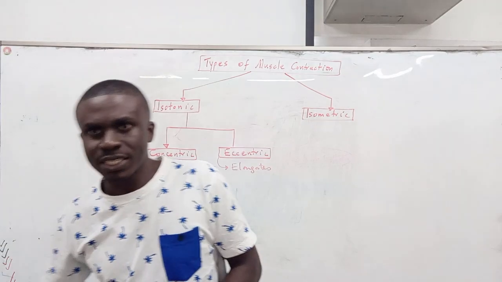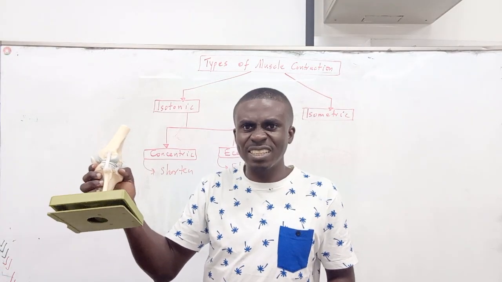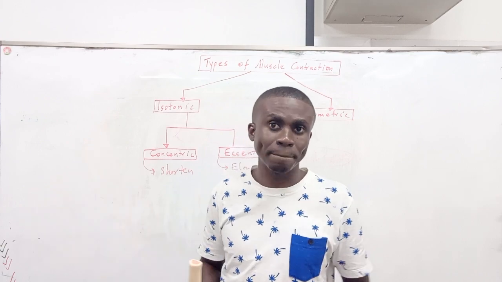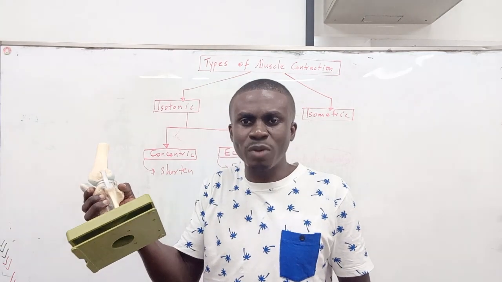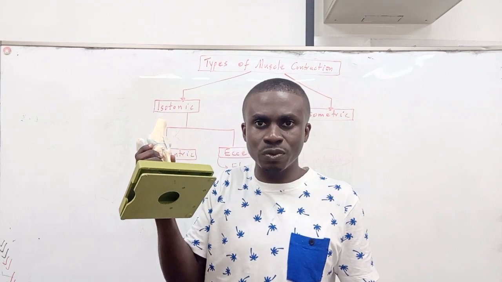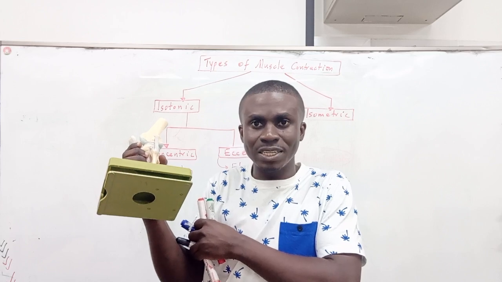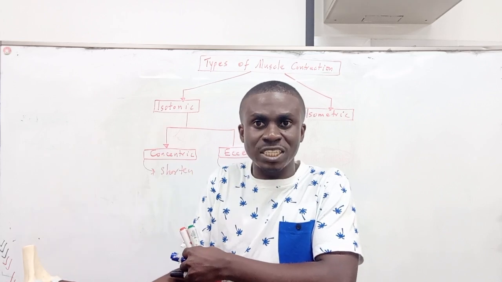Or in situations where the load is just the same as the maximum effort you can apply, it means that the object is neither coming to your desired level, so that the fibers of the muscle will shorten, nor is it going down so that there is elongation.